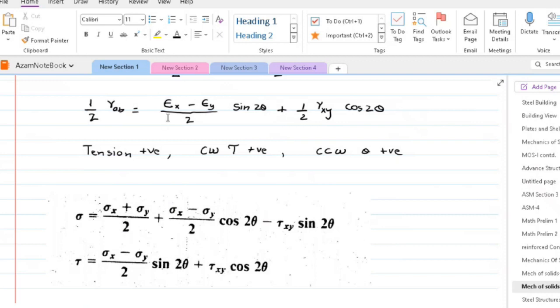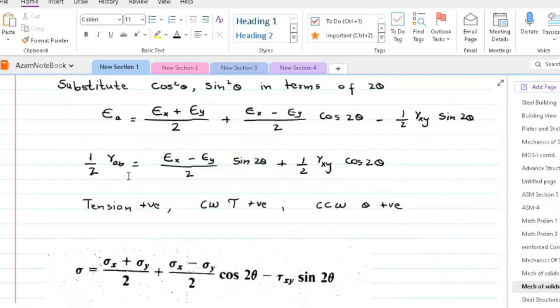The first term in the shear strain expression has got strains involved, whereas in the shear stress expression has got stresses involved. The second term has got shear strain getting halved in the shear strain expression, and the shear stress is full in the second term of the shear stress expression.